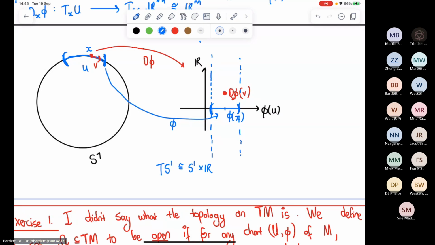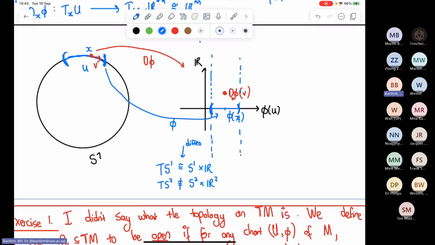Okay. But that's not always going to be the case. So this is a canonical diffeomorphism. But it's not true that the tangent bundle of S2 is equal to S2 cross R2, or at least diffeomorphic to it. Why?